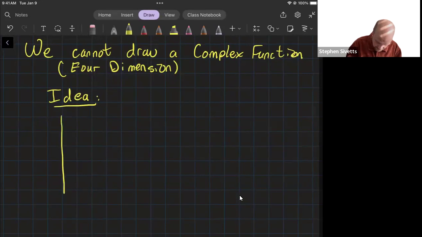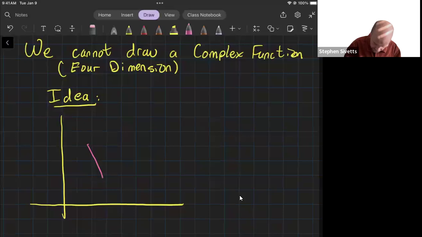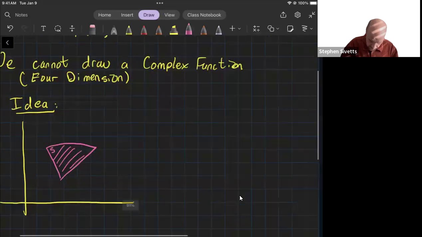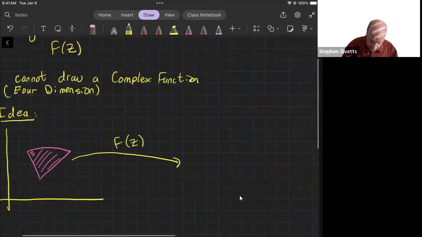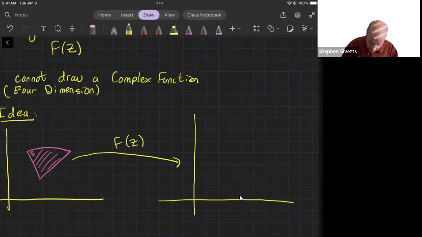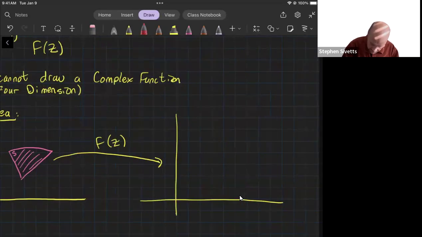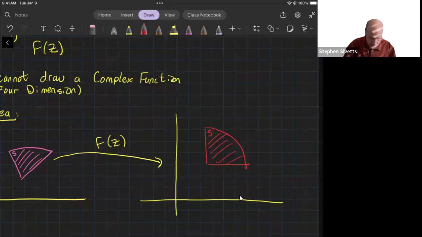If I take some subset in the complex plane, we'll call it S, the goal is to look at what this set will look like if I project it by a complex function f, and that will be an entirely different set in another complex plane. We'll call this S prime.